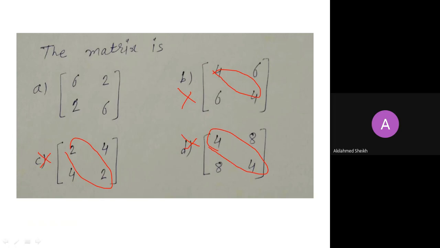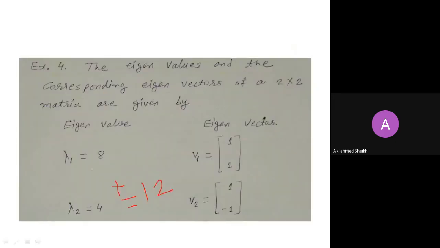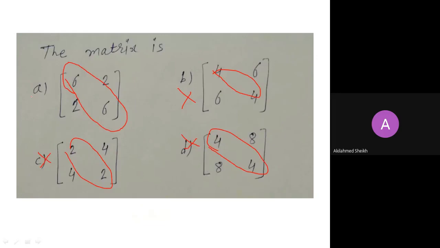In option A, the sum of diagonal elements is 12. There is only one matrix whose sum of diagonal elements is 12. We can also say that trace of the given matrix is 12. So option A is the correct option.